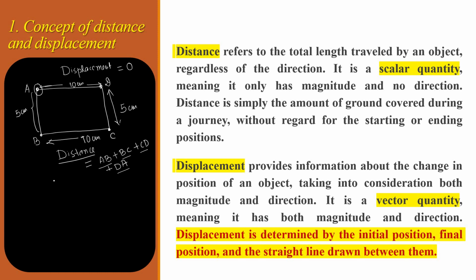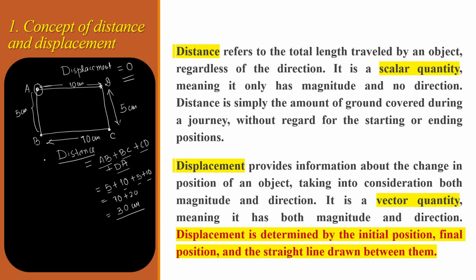So the distance covered by the man is 5 plus 10 plus 5 plus 10, that is 30 centimeter, whereas the displacement is 0.